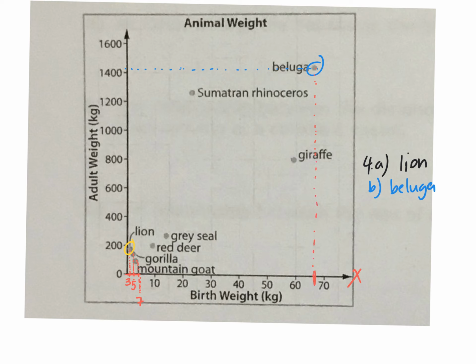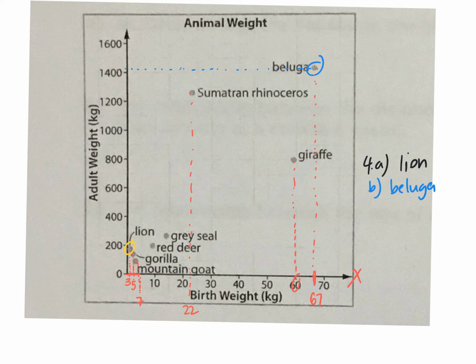Not 70. It's about, let's say, 67. How much does a giraffe weigh when it's a baby? 60. How much does a rhinoceros weigh when it's a baby? 21, like 22, 23, whatever. The beluga is also the heaviest when it's a baby, okay?